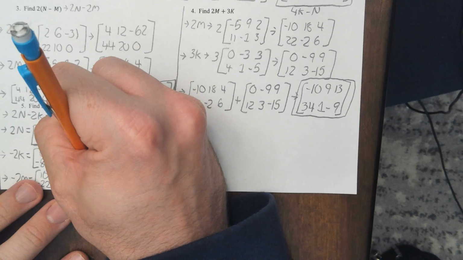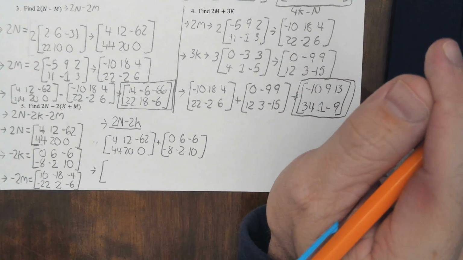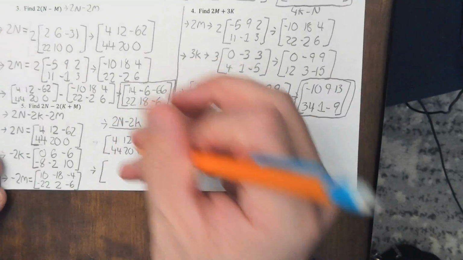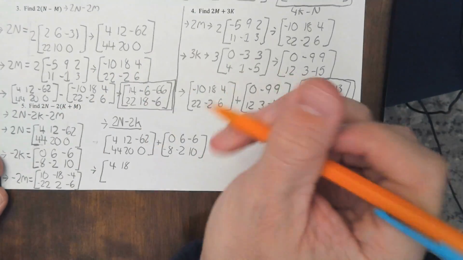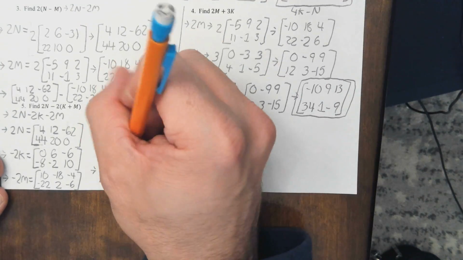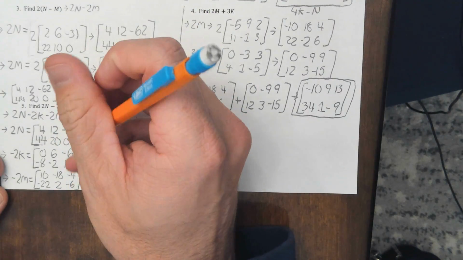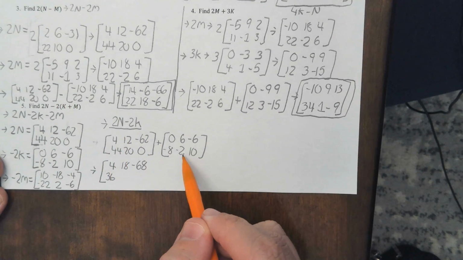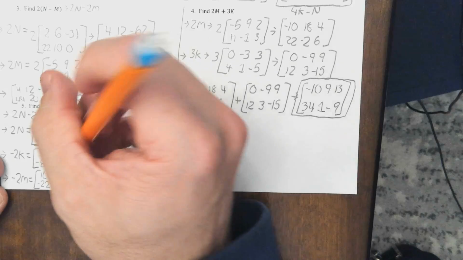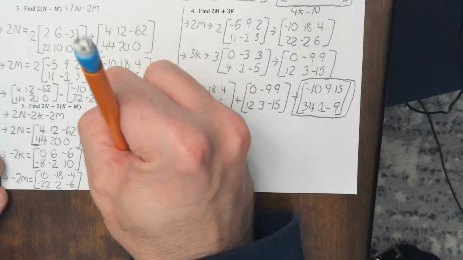And so that's going to give you this. Now you're going to get 4 plus 0, 4, 12 plus 6, 18, negative 62 minus 6, that's a negative 68, 44 minus 8, 36, 20 minus 2, 18, 0 plus 10, 10.